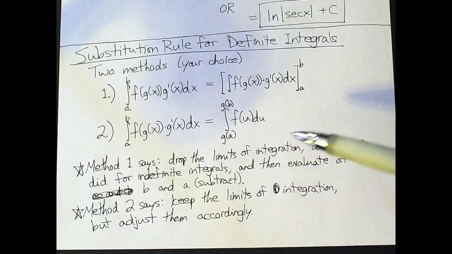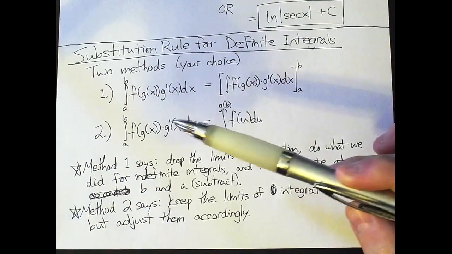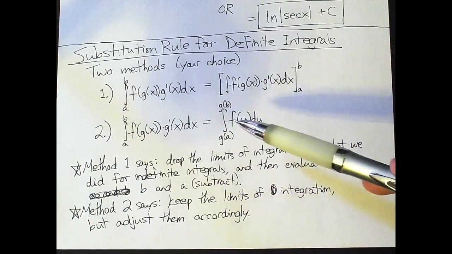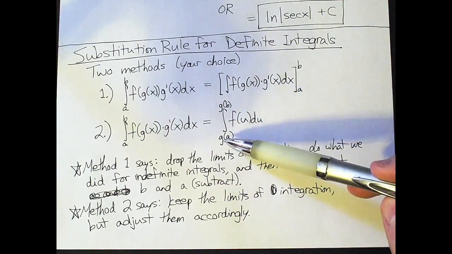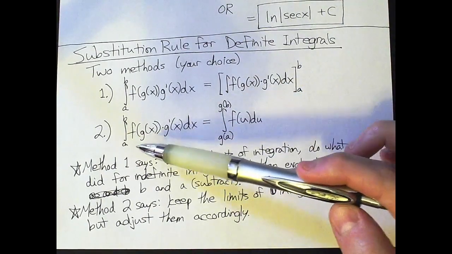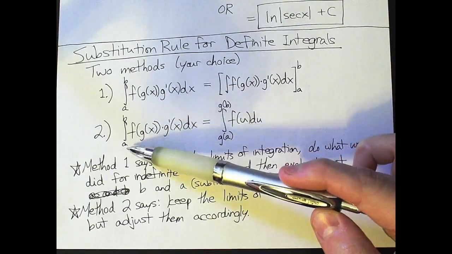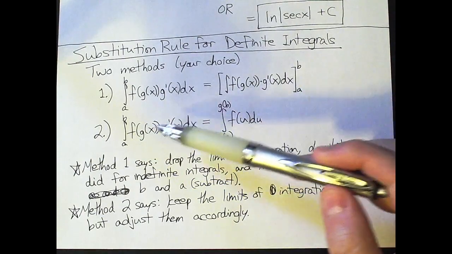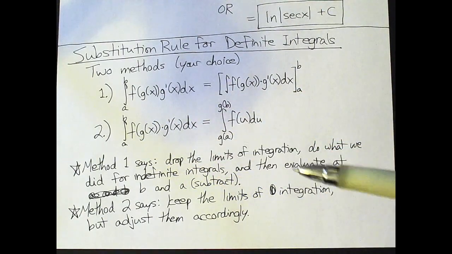So you see what I wrote for method 2, both of the integral signs on the left and on the right, they have limits of integration. There's a number on the bottom, there's a number on the top, but it's not the same number. It's not a and b anymore. Instead of a and b, it's g of a, g of b, where g is that inner function. G is the thing that we've been calling u.